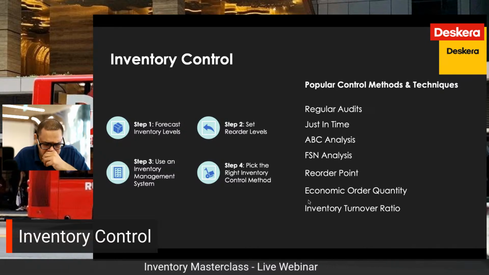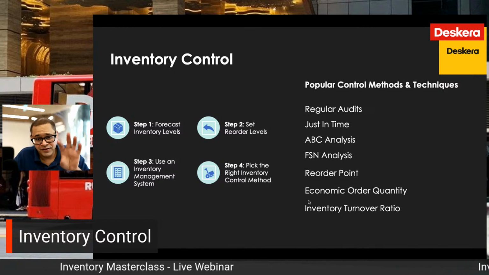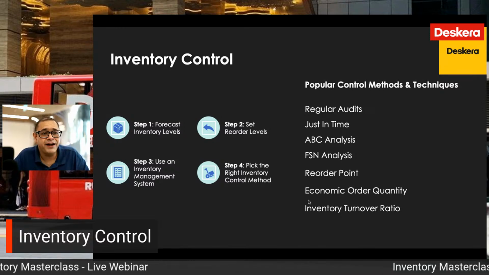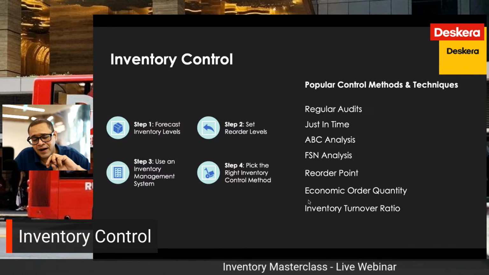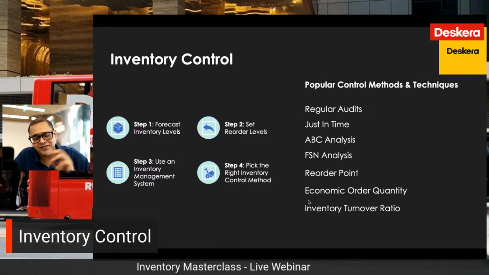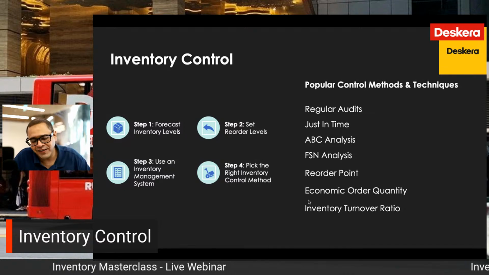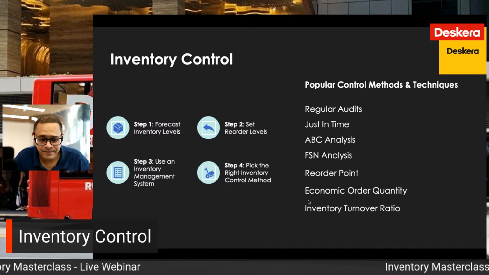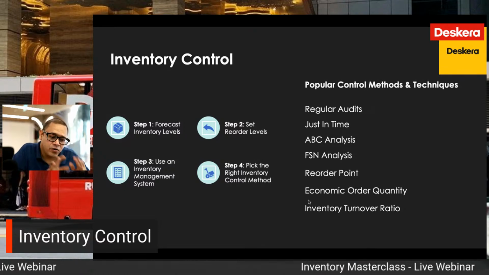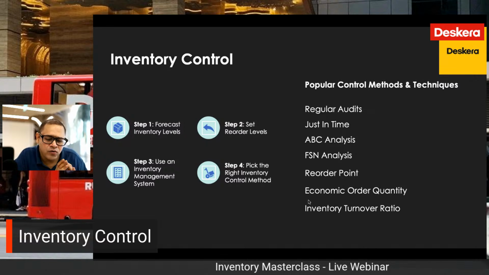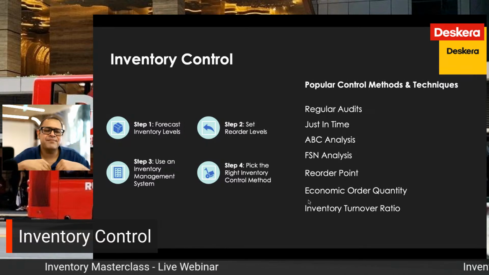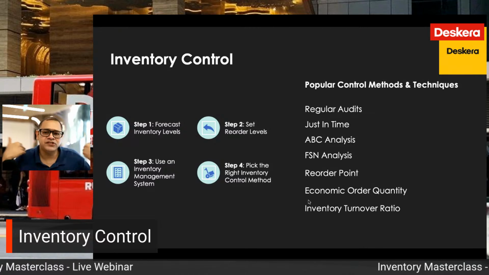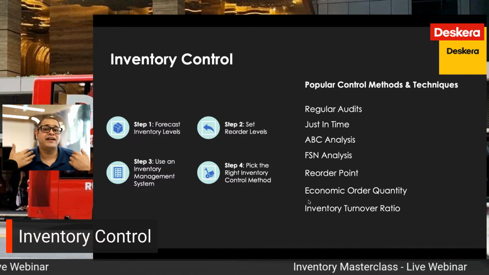But you should still spend some time doing that if it is offsetting the cost of manpower. If that is being offset by the cost of inventory that you end up reducing, then it is worth the effort, right? But even before going into a lot of detail about all these individual cost calculations, there are some high level things that you can do to see whether your inventory is performing the way it should be.